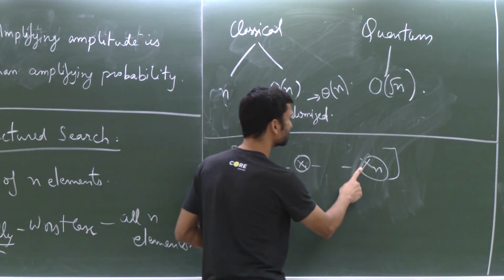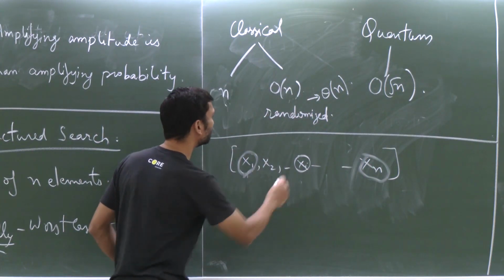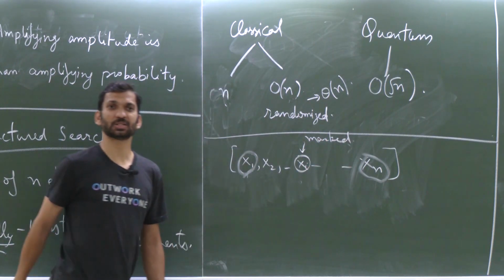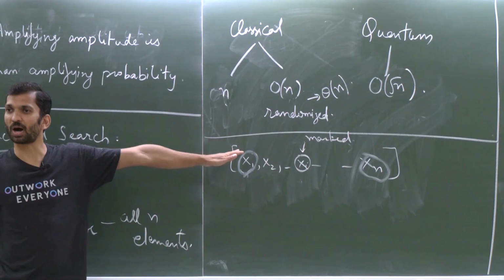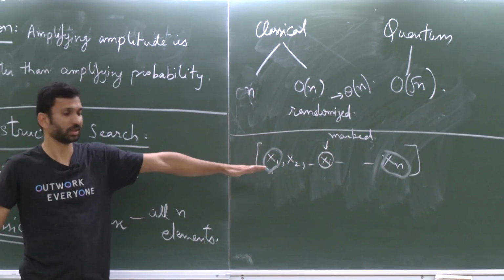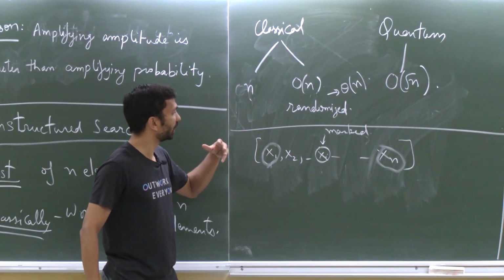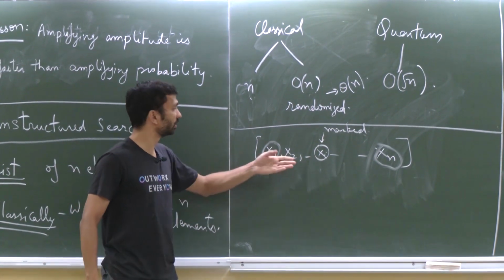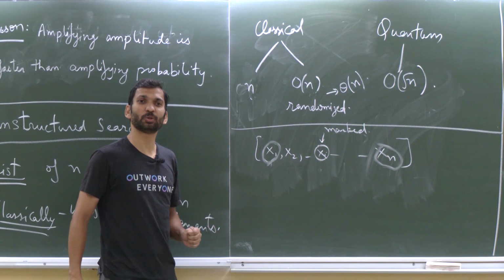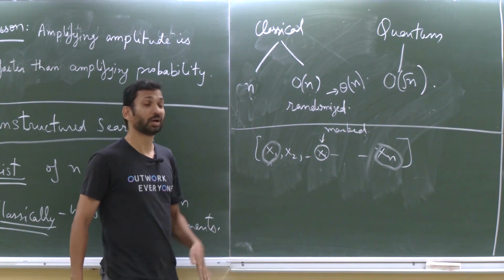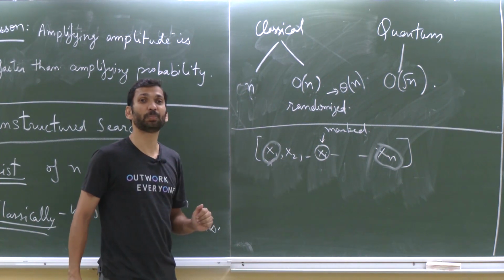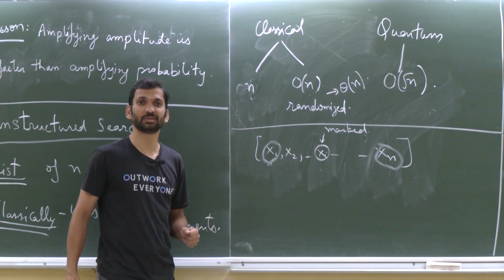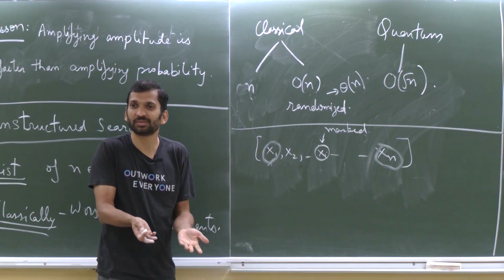Now let's take this simple case when just one element is special, or how we say it, one element is marked, and we want to search for the marked element. If I pick a random index, what is the probability that it is going to be marked? How many do I need to pick to make sure that my probability of success is 2 by 3? 2 by 3n.